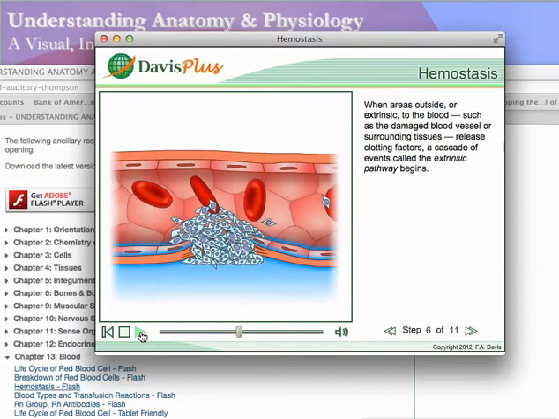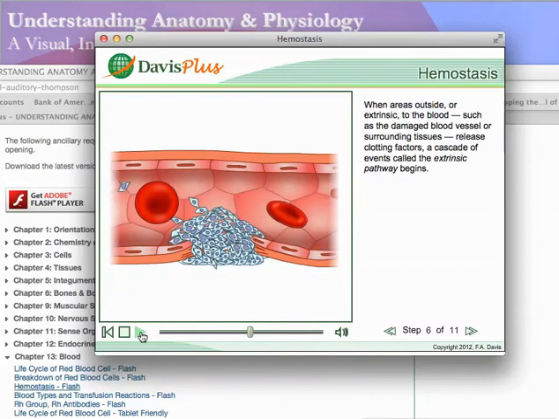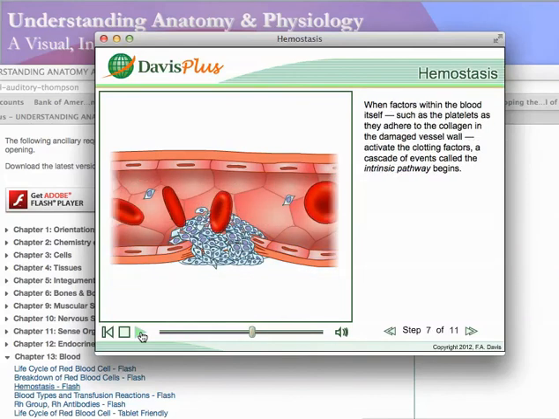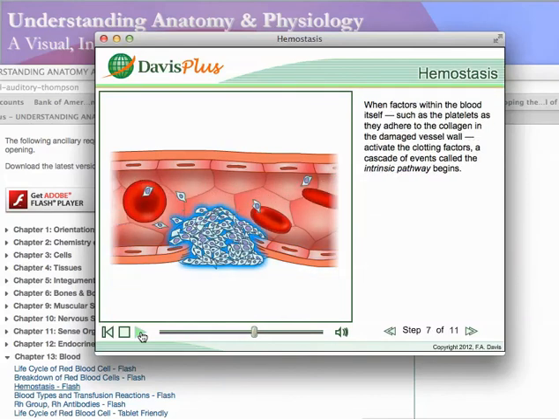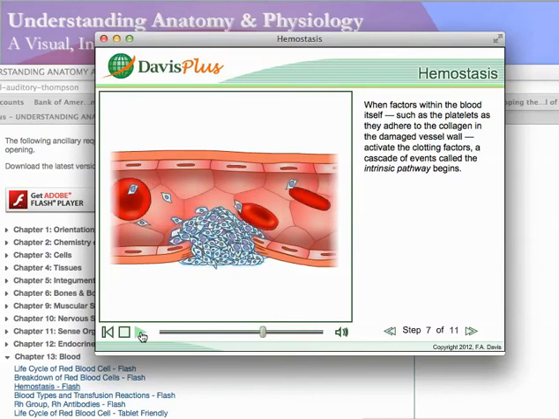When areas outside or extrinsic to the blood, such as the damaged blood vessel or surrounding tissues, release clotting factors, a cascade of events called the extrinsic pathway begins. When factors within the blood itself, such as the platelets as they adhere to the collagen in the damaged vessel wall, activate the clotting factors, a cascade of events called the intrinsic pathway begins.